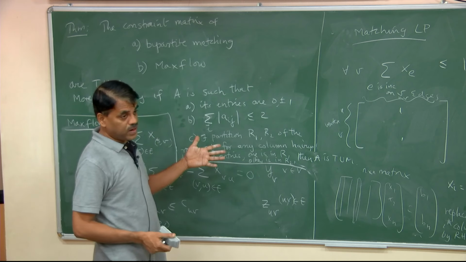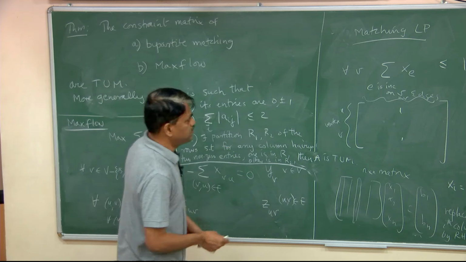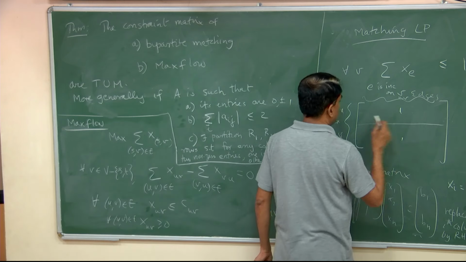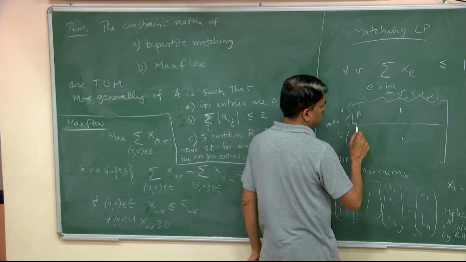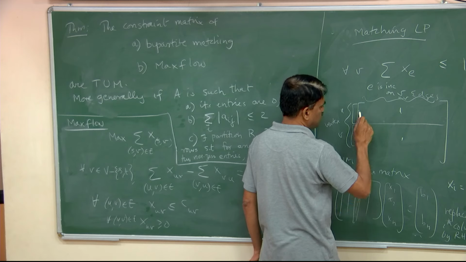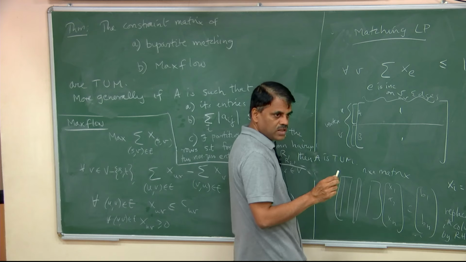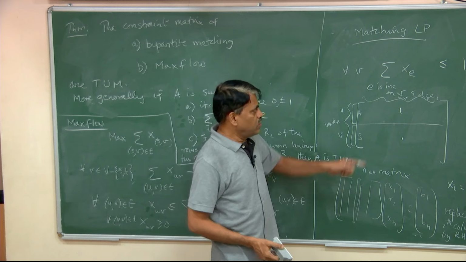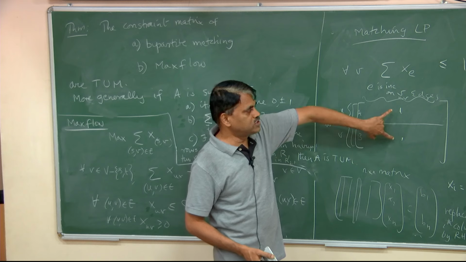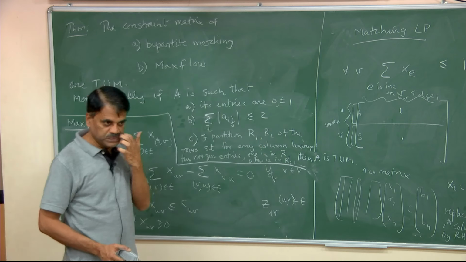And if it is a bipartite graph, with A, B my bipartition, then look at the rows corresponding to the vertices in A and in B. Any edge is between A and B. So the two ones corresponding to an edge are in two different parts.